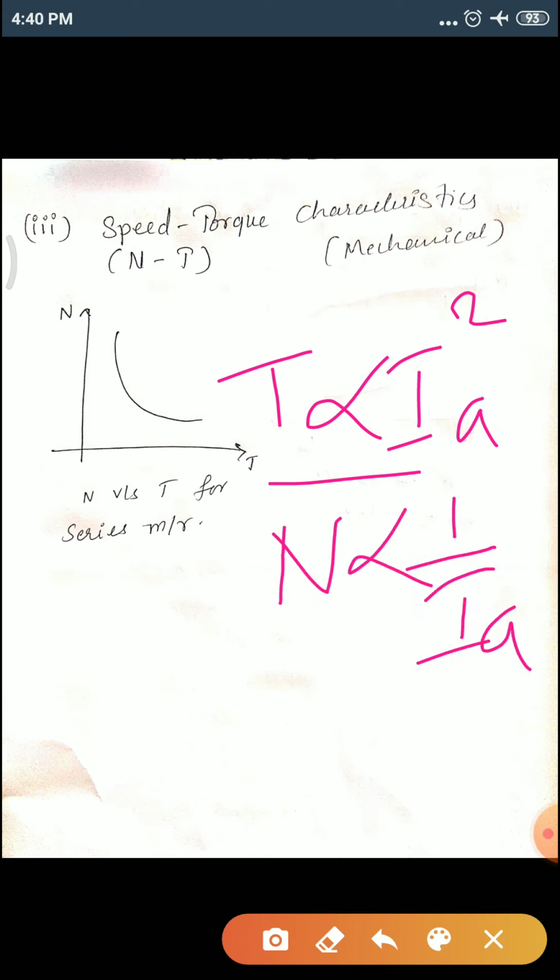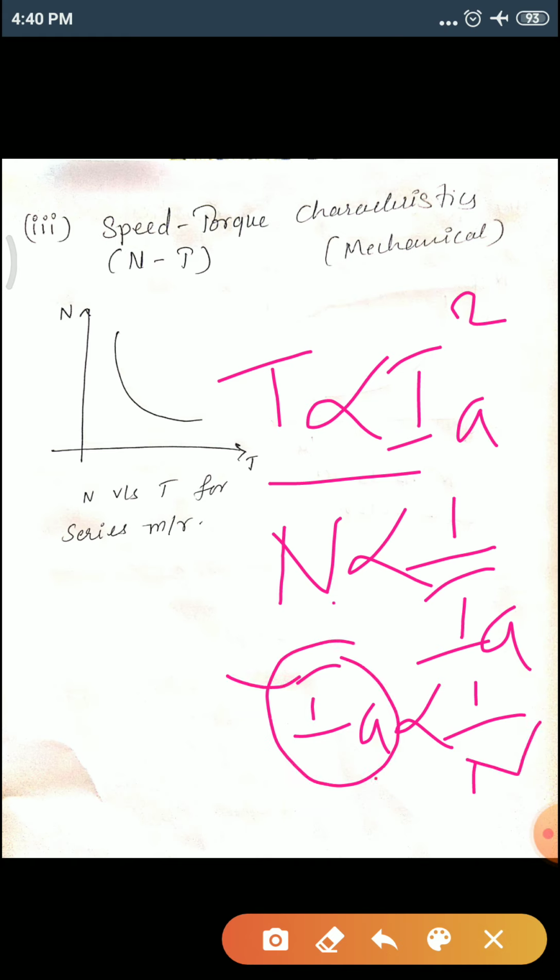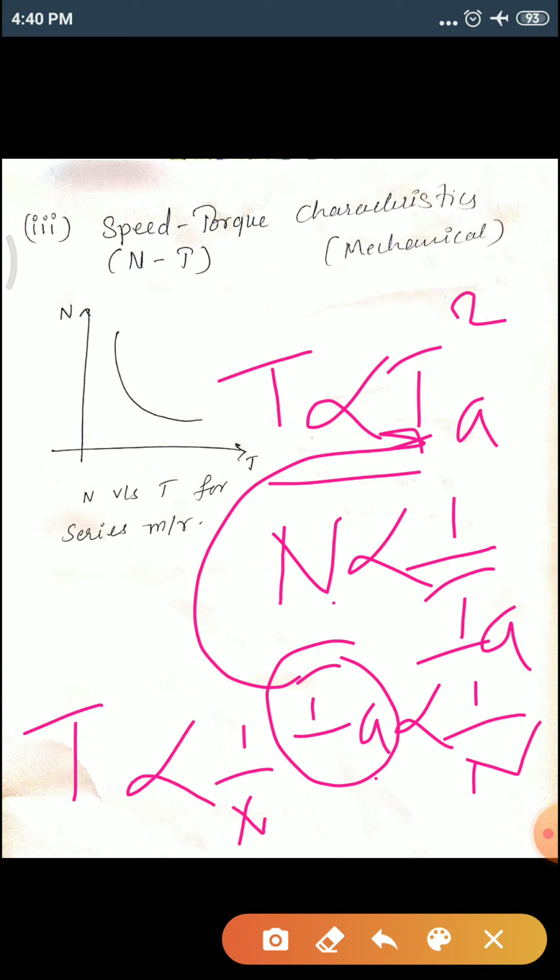By these two, observe, in the place of IA, I can write IA is proportional to 1 by N. You can substitute this IA here. Then T is proportional to 1 by N square.